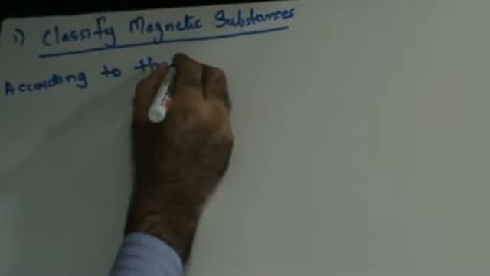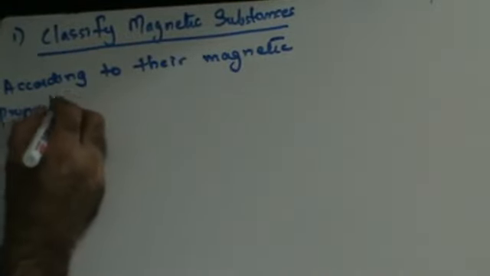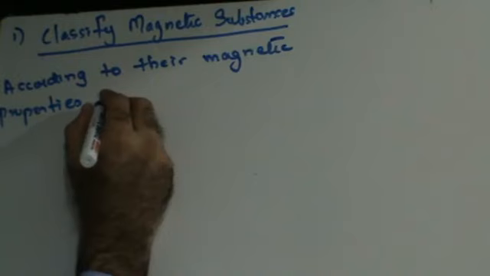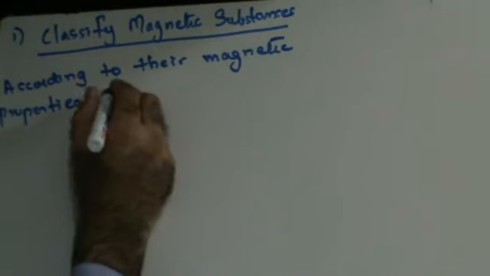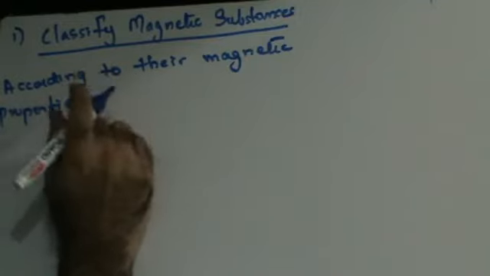Now, according to their magnetic properties, substances are classified into three different types.